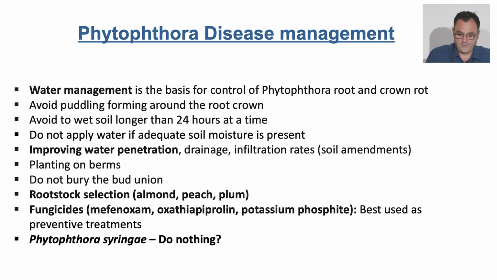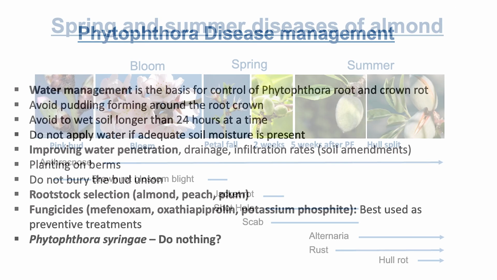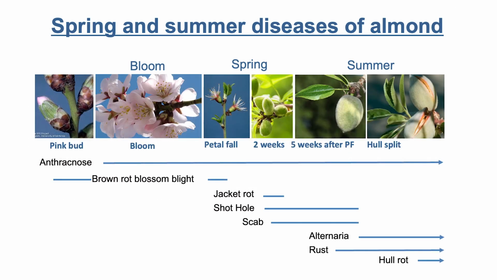But in general, Phytophthora disease management comes down to proper water management, avoiding puddles at the base of the trees, and thinking about when it's time to remove the emitter from the base of the tree to avoid water accumulation. Of course, rootstocks differ in tolerance to Phytophthora: almond is most susceptible, then peach, and the most tolerant rootstock is plum.